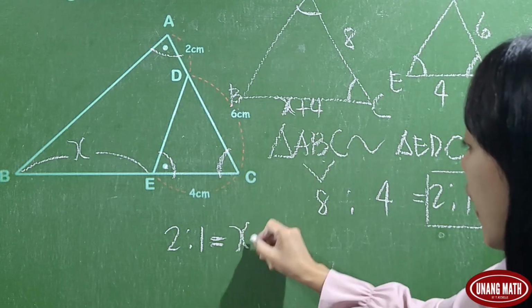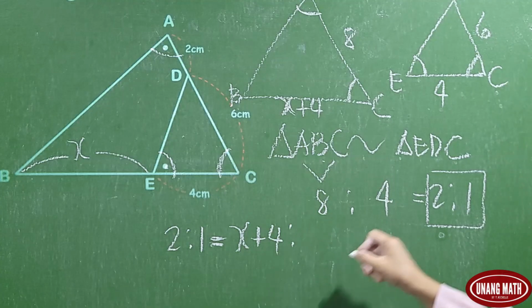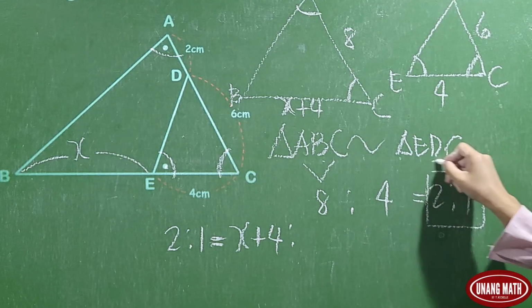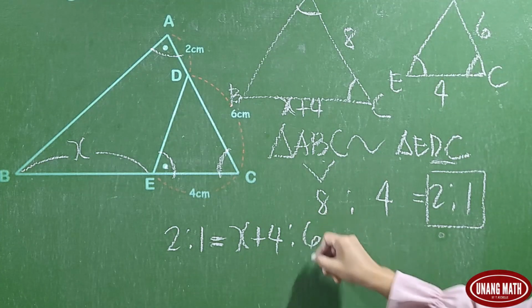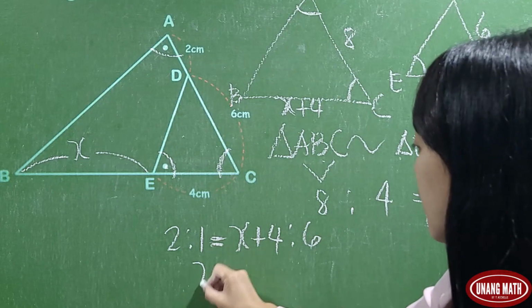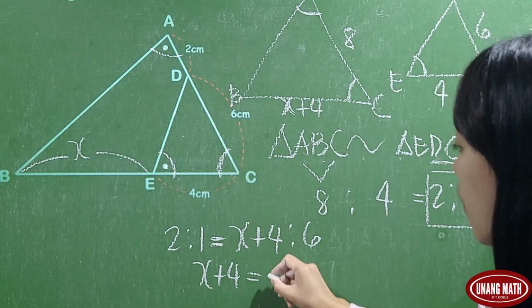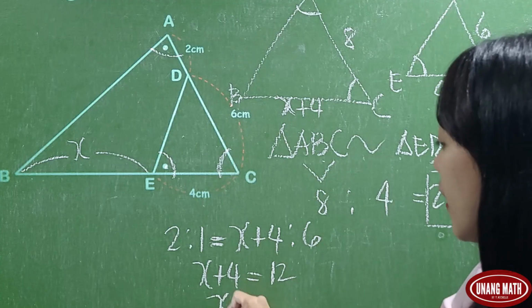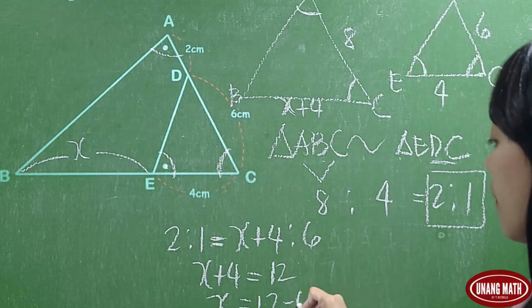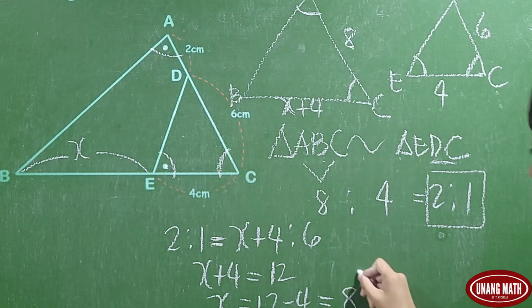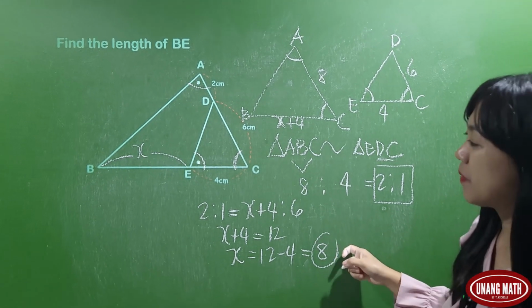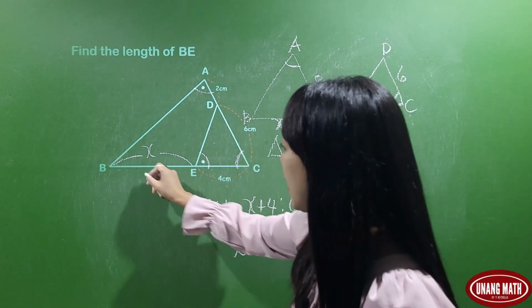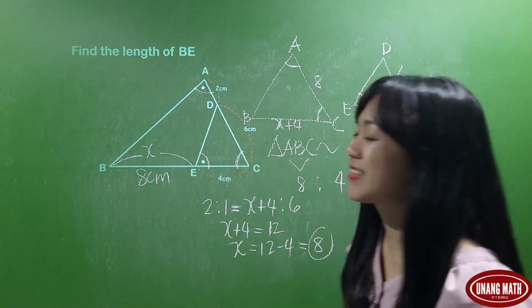So this is x plus 4 is to 6. So it means x plus 4 is equal to 12. So x now is equal to 12 minus 4, and that's equal to 8. So it means BE is 8 centimeters.